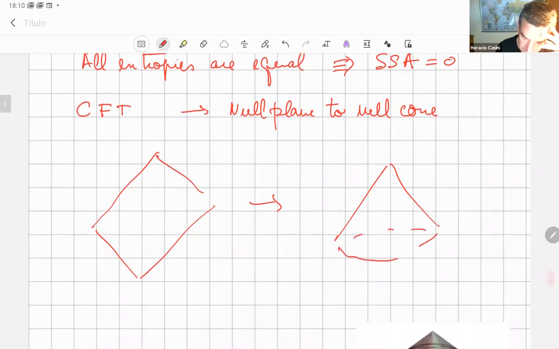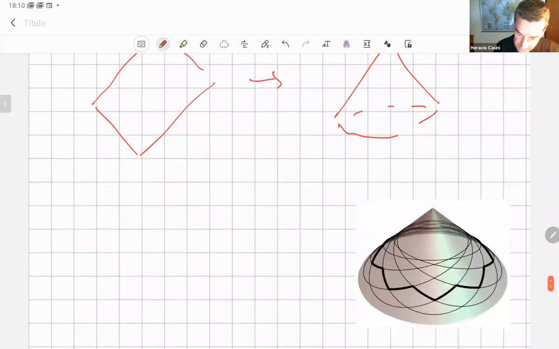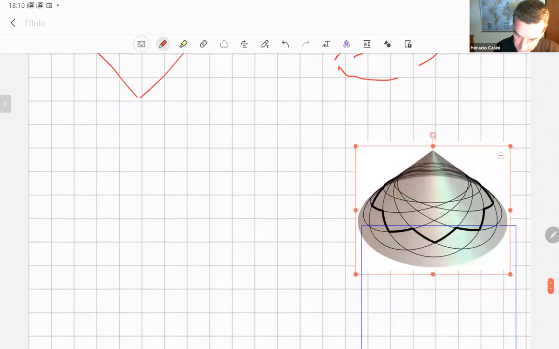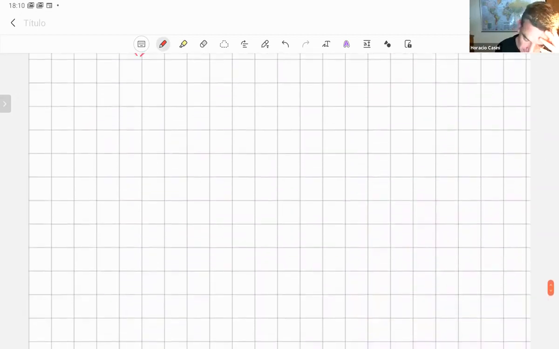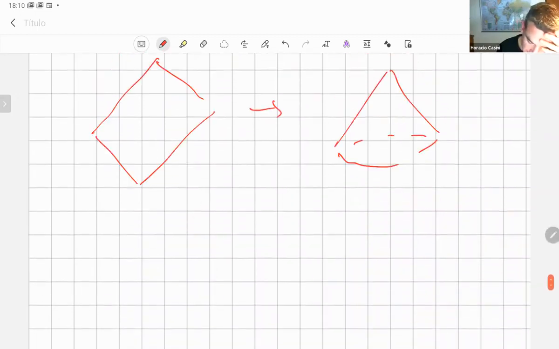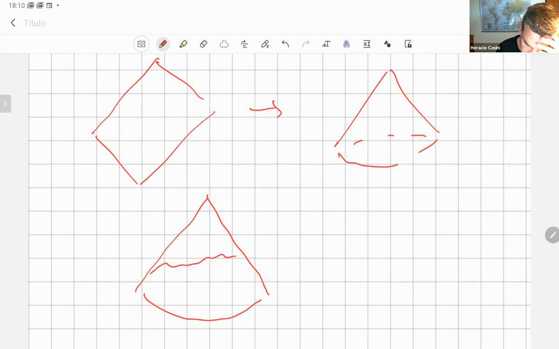So you have that strong subadditivity saturates for the conformal field theory, not for any quantum field theory. It saturates for this situation. So you take curves here.